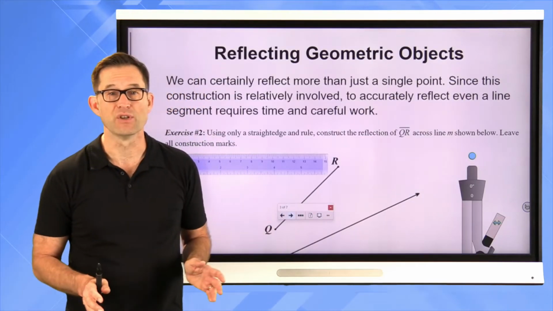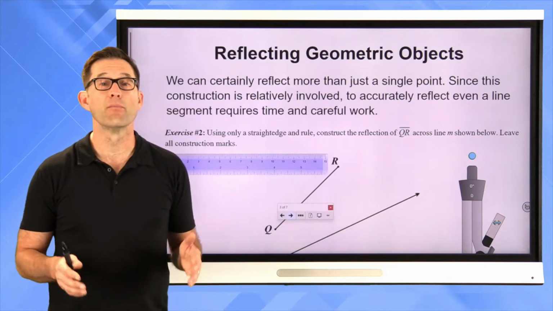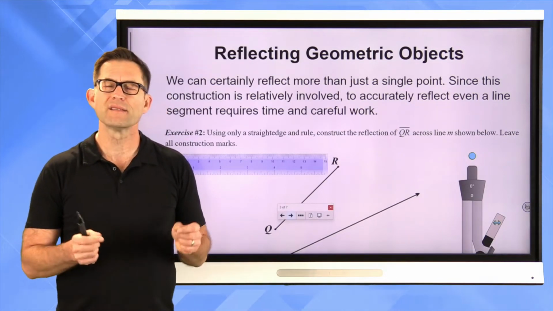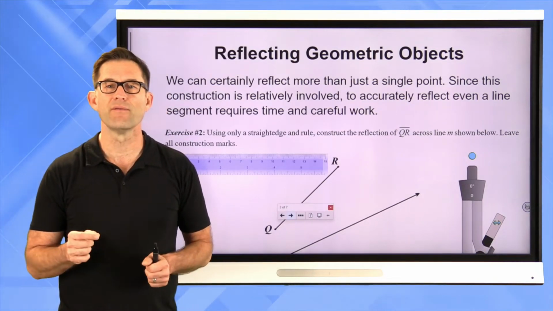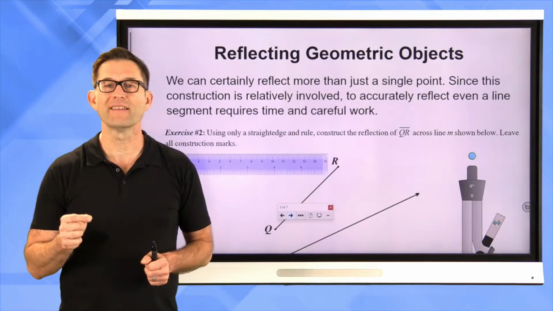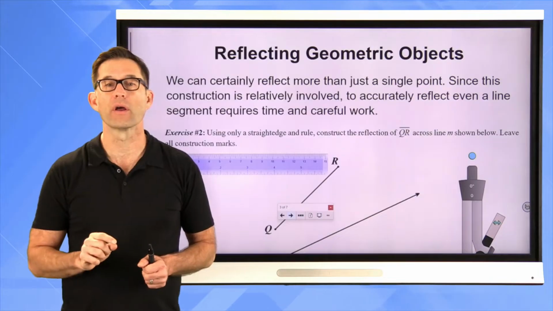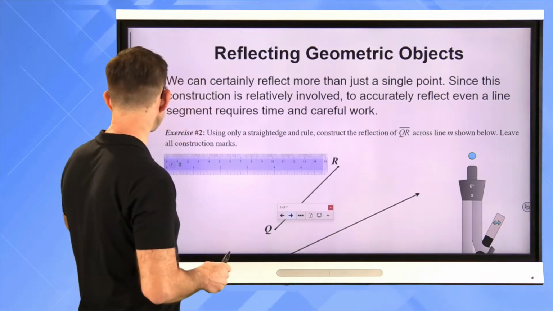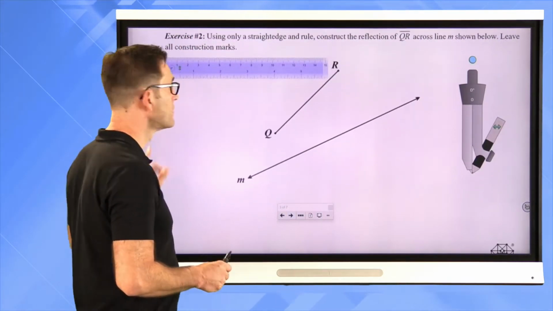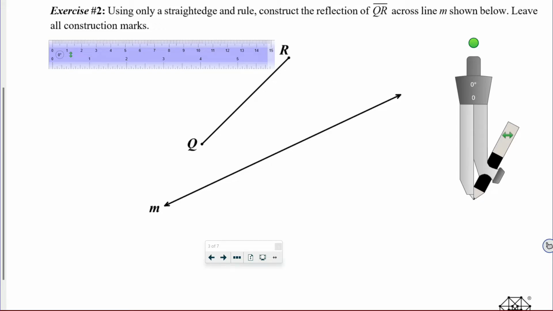Reflecting geometric objects. Now, we can certainly reflect more than just a single point. Since this construction is relatively involved, to accurately reflect even a line segment requires time and careful work. So let's try that in exercise number 2. Using only a straight edge and compass, construct the reflection of QR across line M shown below.